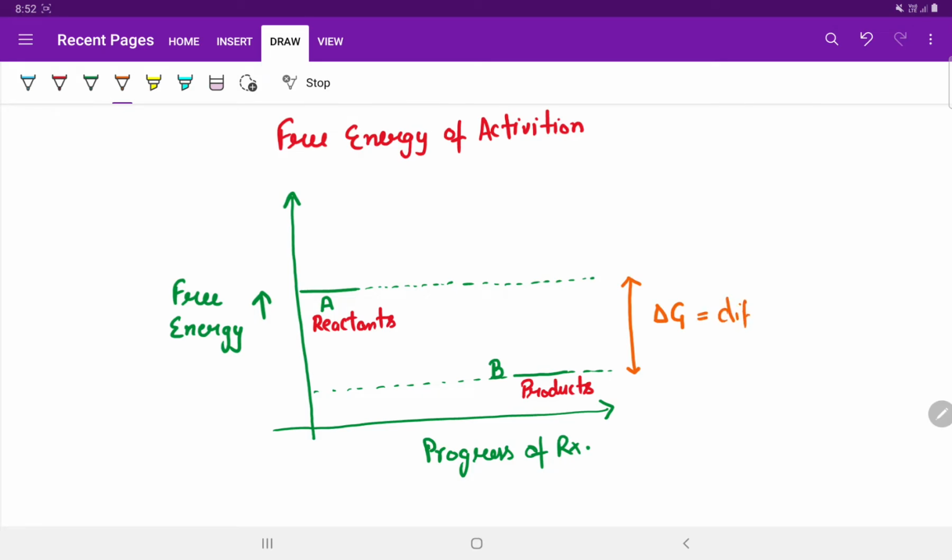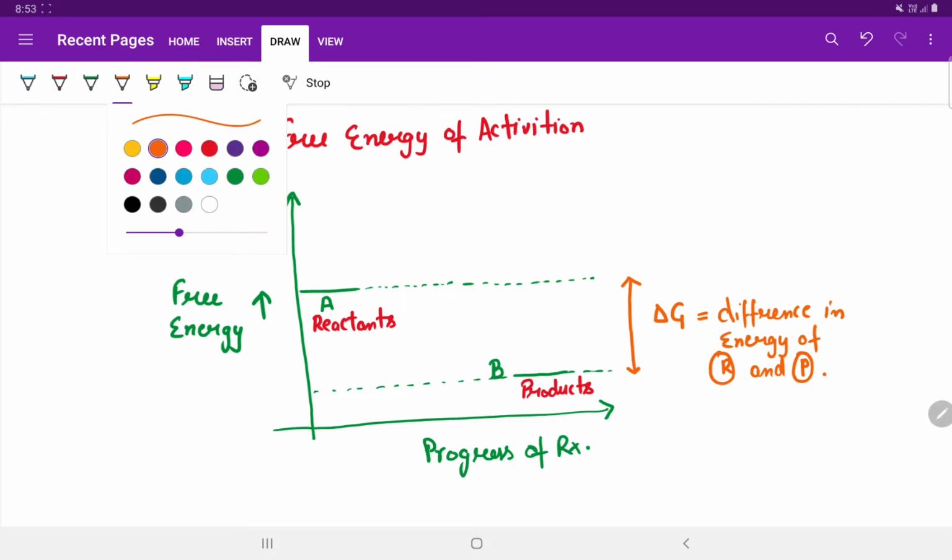that is equal to the difference in energy of reactants and products. So without the presence of a catalyst, the reactants have to reach a particular transition state from where they can be converted into the products.